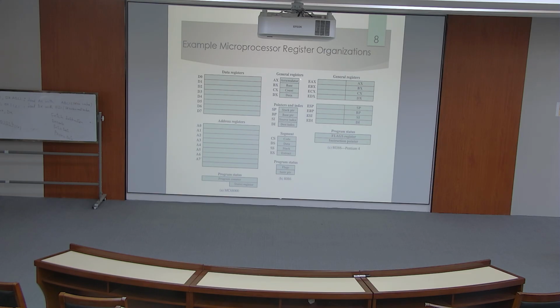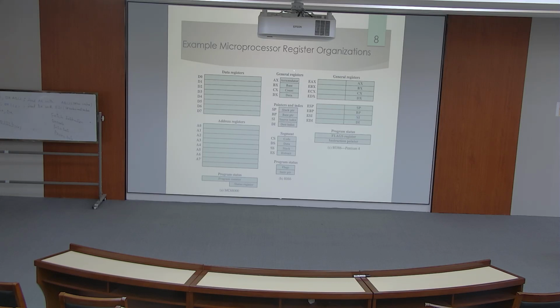And we have an example of register organization for our 8086 microprocessor, which is in the middle. We have learned about the organization of this 8086 microprocessor. So it's quite easy to have a general idea about processor register organization, which can help you to understand the organization of other types of registers.